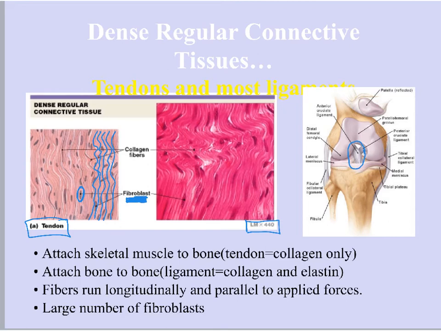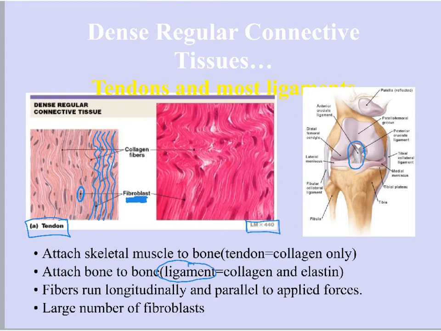So what do tendons do? They attach muscle to bone, and they're made of collagen fibers only. Here's an exception when we're talking about ligaments. Ligaments are really similar to tendons except they attach bone to bone.